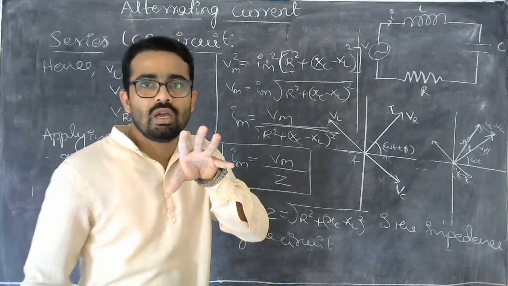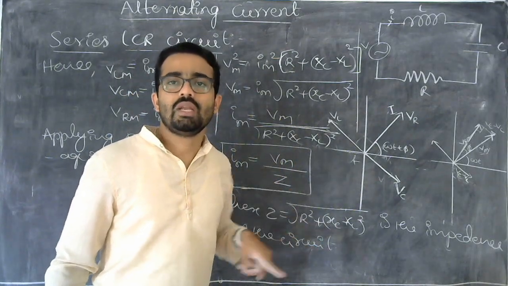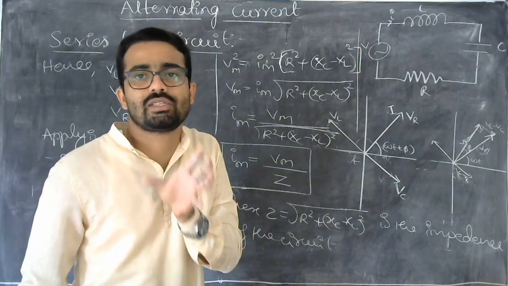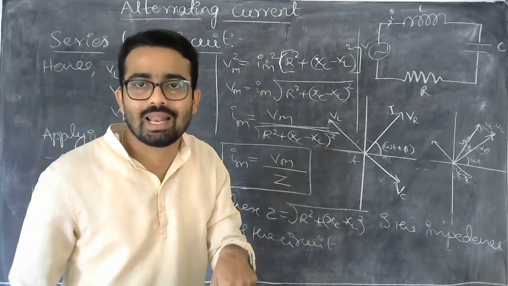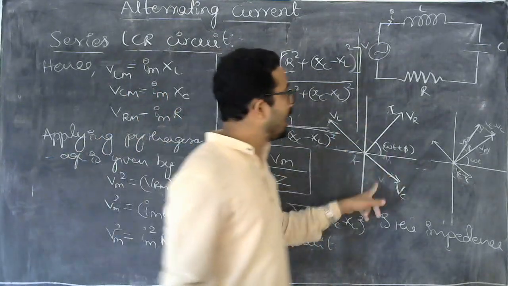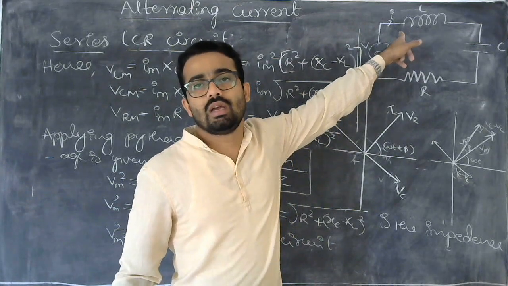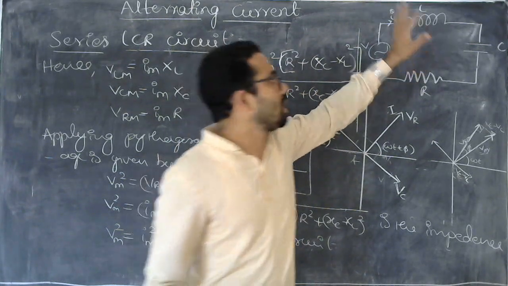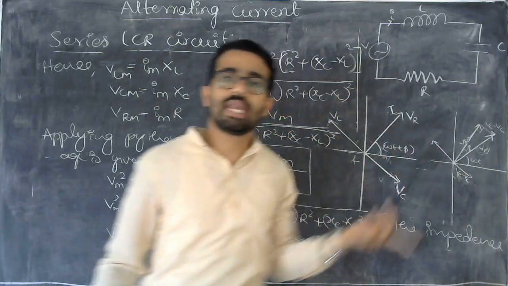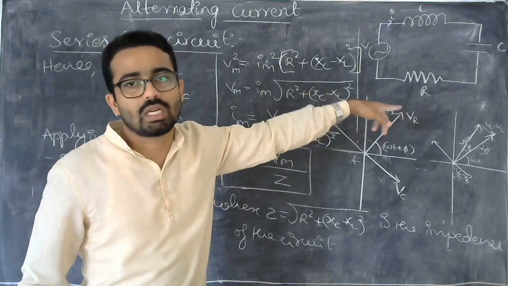That means it will give some energy when the negative cycle comes, because whatever charge was stored during the positive cycle will be discharged when the negative cycle comes through that circuit. That is why even in the negative cycle current will be produced by this capacitor. That is why current leads the voltage in capacitive circuits.